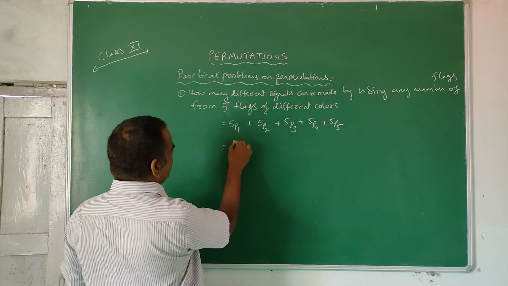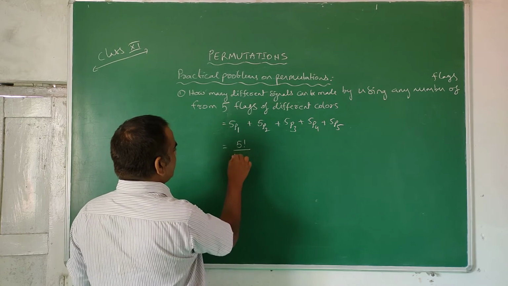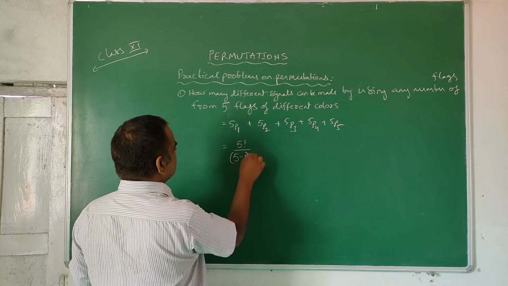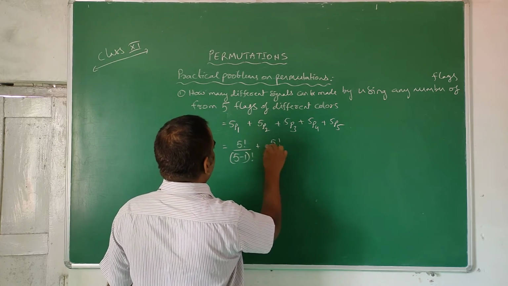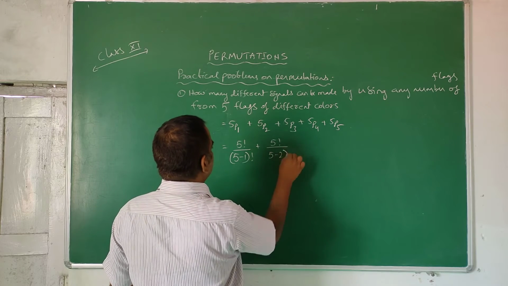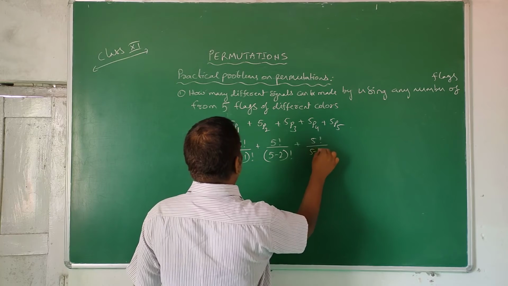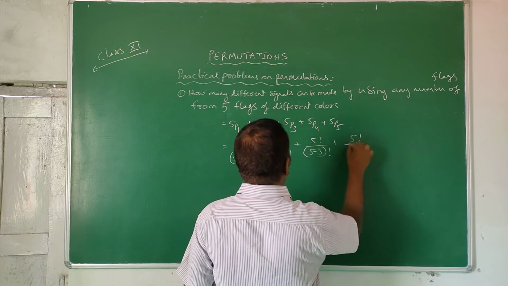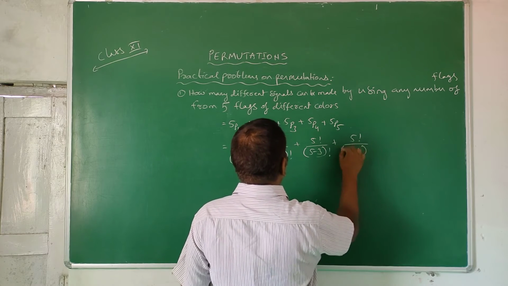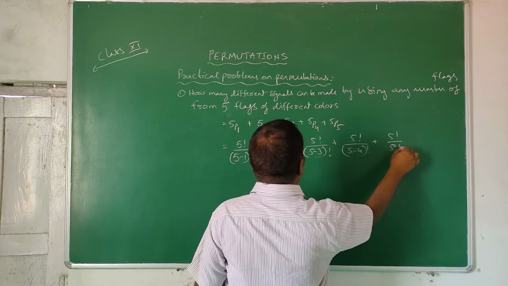So 5P1 means 5 factorial by (5-1) factorial. 5P2 means 5 factorial by (5-2) factorial. 5 factorial by (5-3) factorial. 5 factorial by (5-4) factorial. 5 factorial by (5-5) factorial.